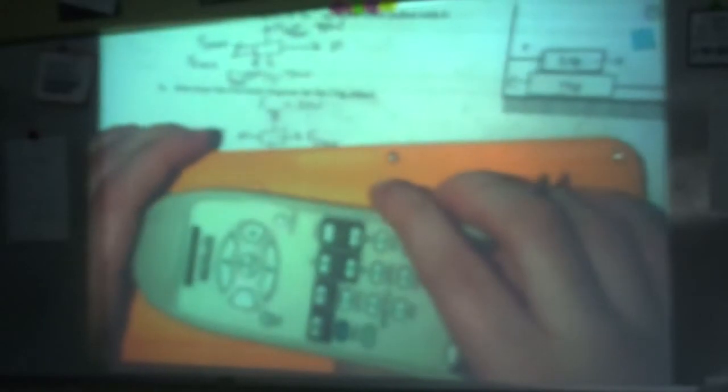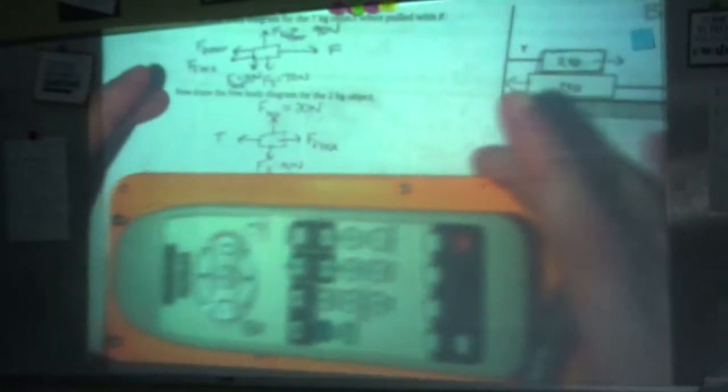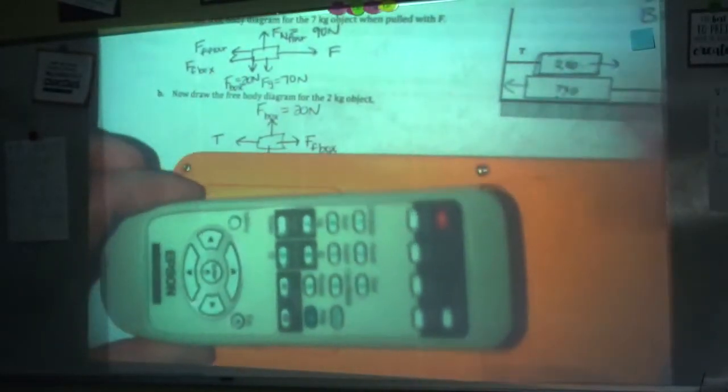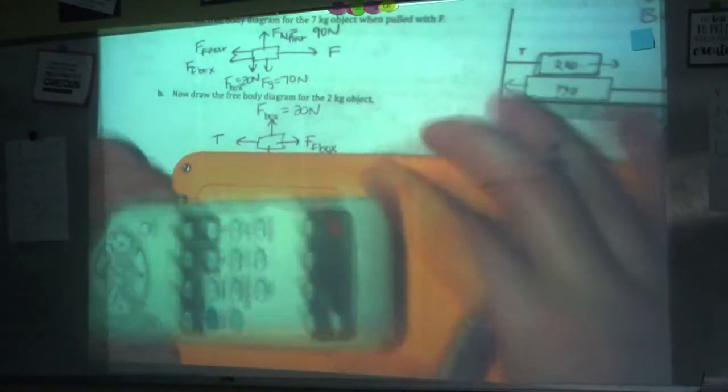Those are the same force. They have to be in opposite directions. So if this one points to the left, then this one must point to the right. Also, if you have it sitting right here, this is hard to show. But when I pull it this way, they're going against one another.